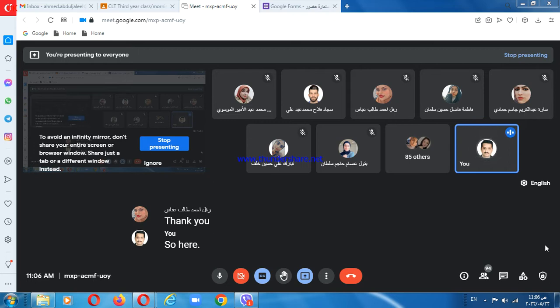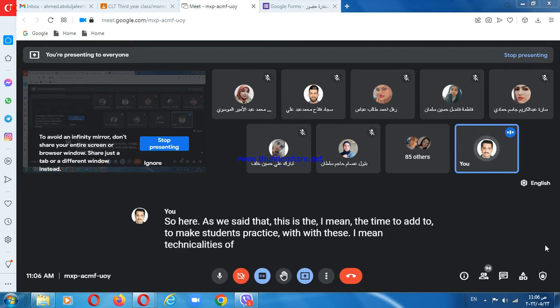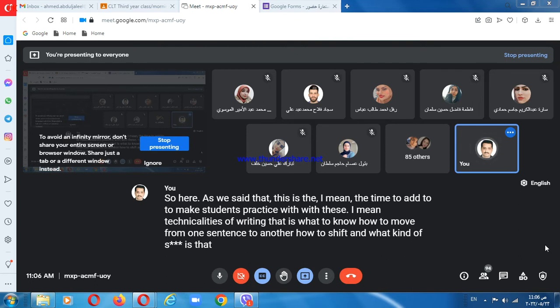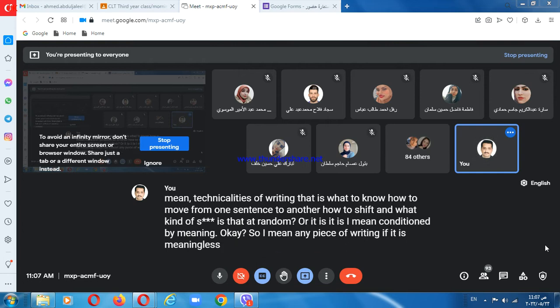So as we said, this is the time to make students practice these technicalities of writing. That is, to know how to move from one sentence to another, how to shift, and what kind of shift it is, at random or conditioned by meaning. Any piece of writing, if it is meaningless, is nothing.